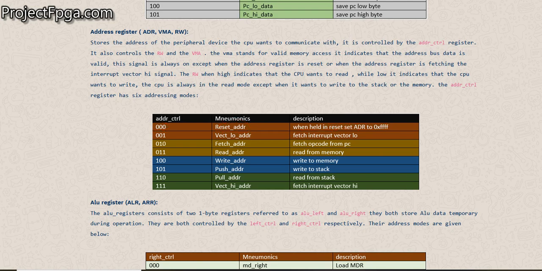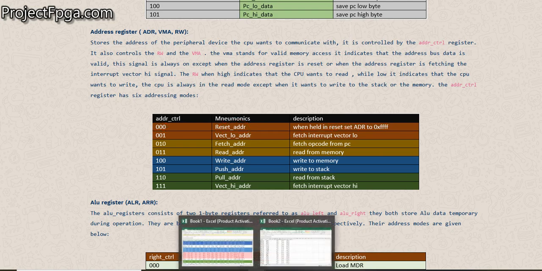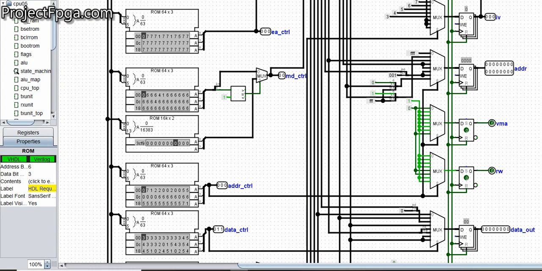It sets the ADR to FFFF. So it sets the CPU address to address FFFF, and what has that address FFFF is actually the ROM.